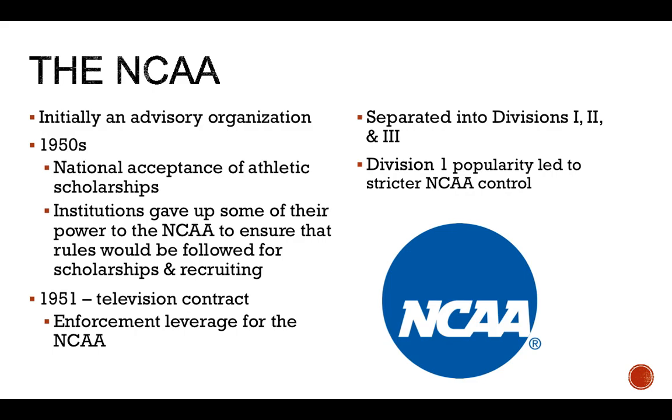In the 1950s, national acceptance of athletic scholarships and institutions gave up some of their power to the NCAA to ensure that rules would be followed for scholarships and recruiting. So they standardized the rules and provided championships, and athletic scholarships changed the role of the NCAA dramatically. So institutions relinquished authority to ensure that other institutions followed the rules as well.